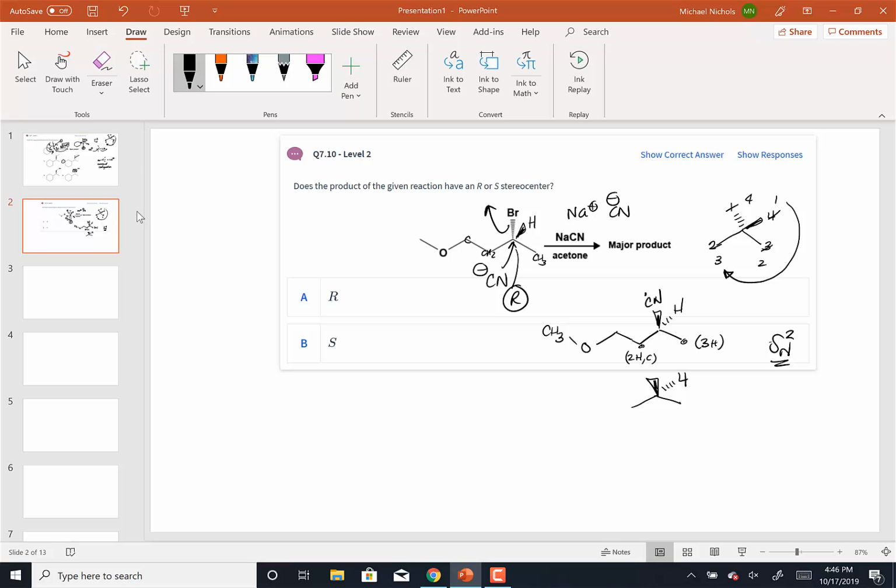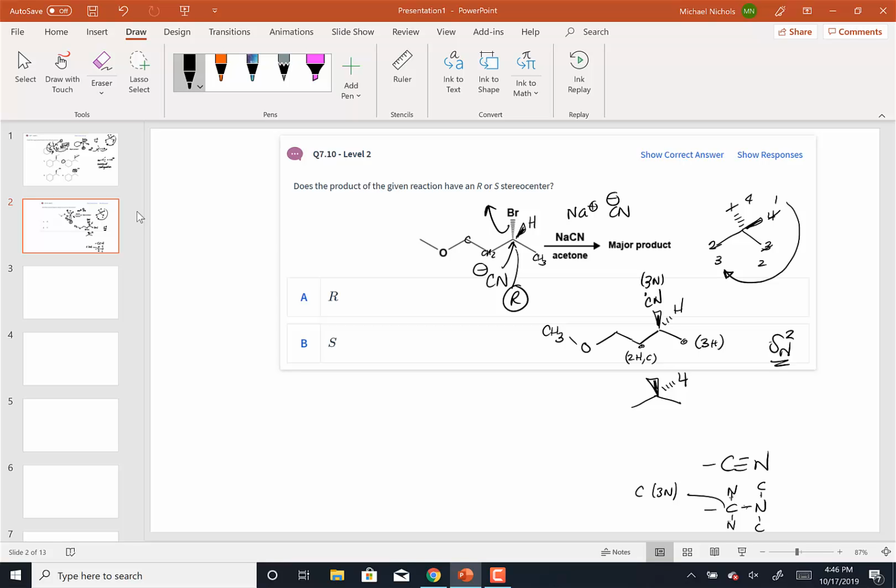This CN is a C triple bond N, so its equivalent structure is a C with 2 N's attached to it. And then the N has 3 C's attached to it. So for the carbon, it has 3 N's. That's the equivalent. For the nitrogen, it has 3 C's. That's the equivalent. Either way, this is a carbon with 3 N's attached to it.